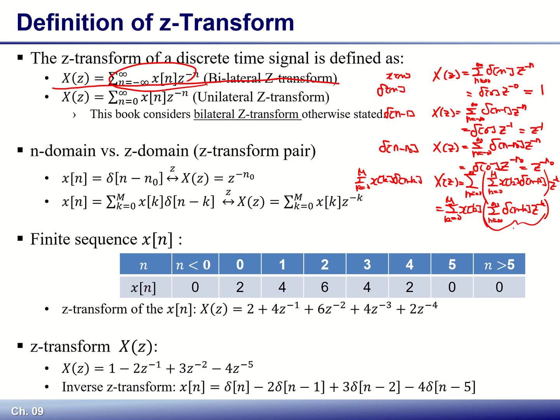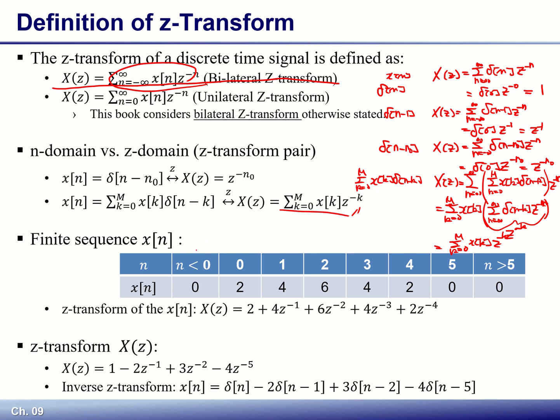This is z to the minus k. So it is the sum over k from 0 to M of x[k] z to the minus k.